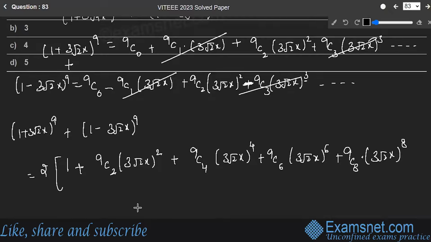Now the number of non-zero terms over here is 1, 2, 3, 4, 5. So there are a total of 5 non-zero terms.